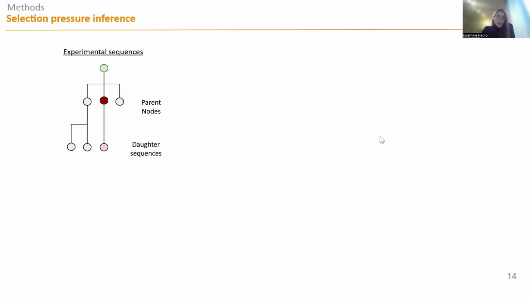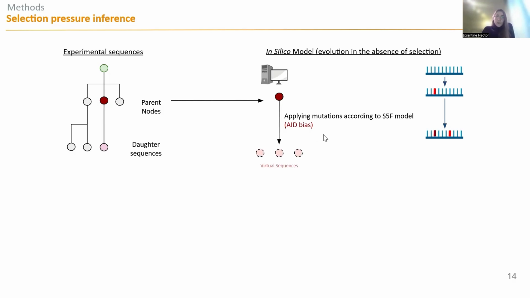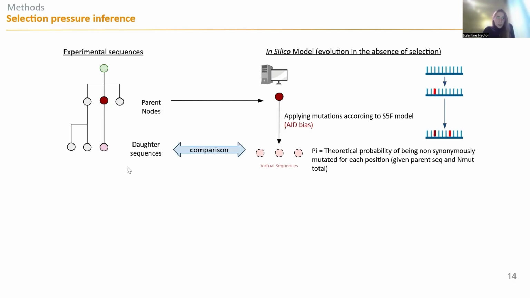How does it work? So here is a schematic representation of a phylogeny tree. We use all the intermediate parent node sequences here as an input for a somatic hypermutation model. So we introduce mutations in silico according to this S5F model, which accounts for hotspot bias. And we end up with a set of virtual sequences that we compare to the experimental ones, which are derived from the same parent.